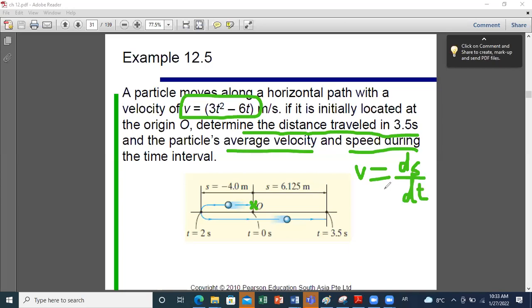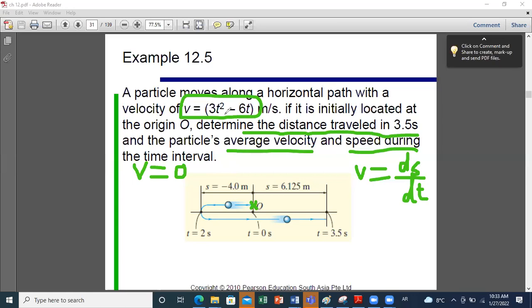I can also, just to know if I'm moving to the right or to the left and what the extremities of my motion are, find at which positions v equals 0 and study the sign of velocity. I can then know the trajectory of motion, how it's going, if it's going to the right or to the left.